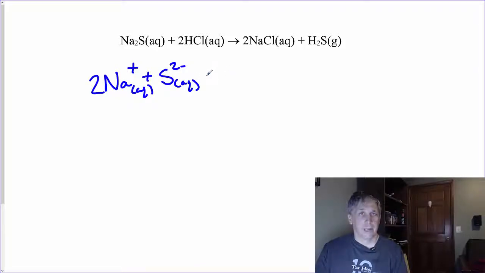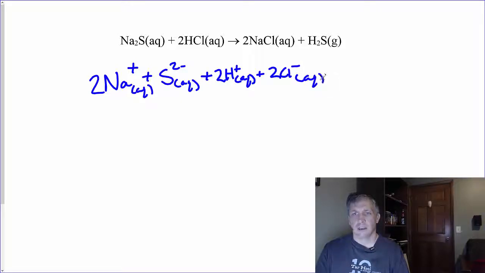Same thing with hydrochloric acid. Acids are an exception to how covalent compounds behave in aqueous solution. I don't know why I couldn't get that out. But yeah, acids also dissociate. So those 2 hydrochloric acids will, generically speaking, break up into H plus and chloride ion.